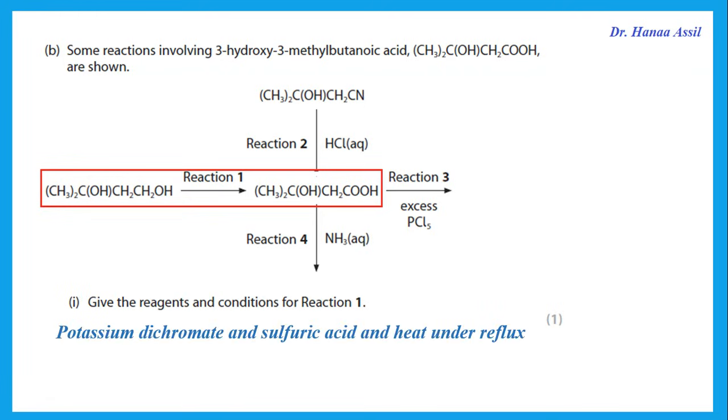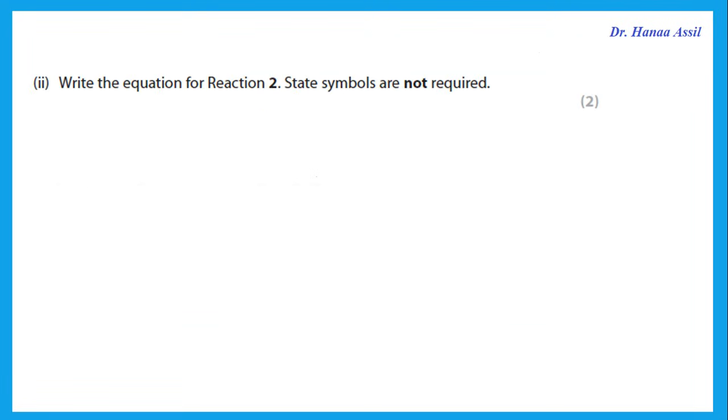So we need potassium dichromate, sulfuric acid, heat under reflux. It will oxidize the OH at the end because that is a primary alcohol, but it will not oxidize the OH in the middle because, if you look at it, that's a tertiary alcohol. Tertiary alcohols cannot be oxidized.